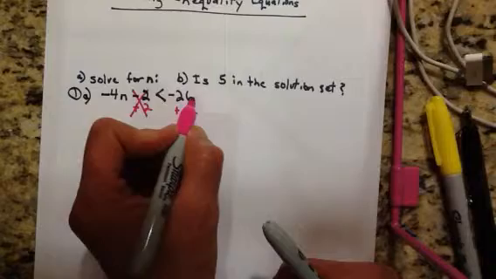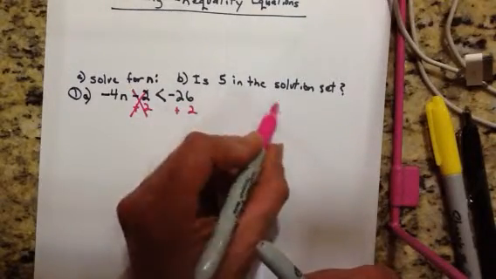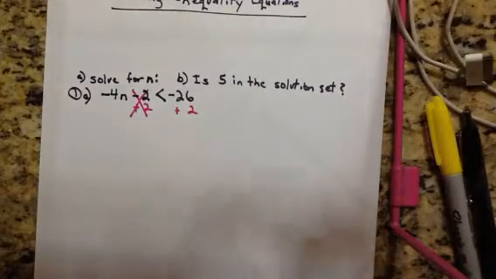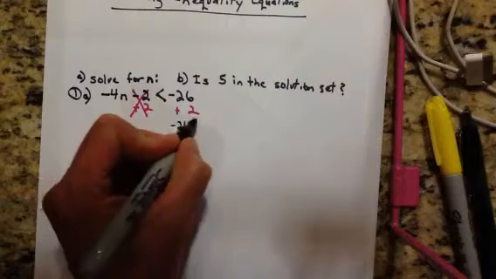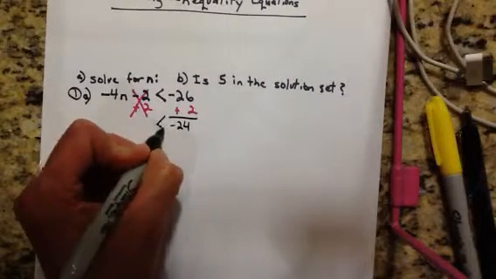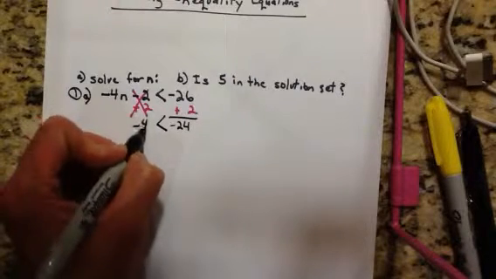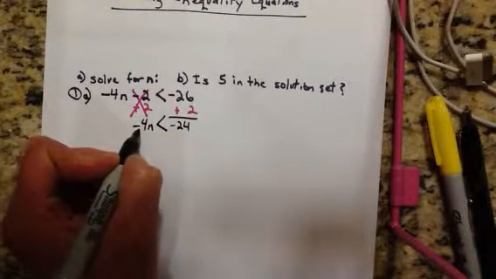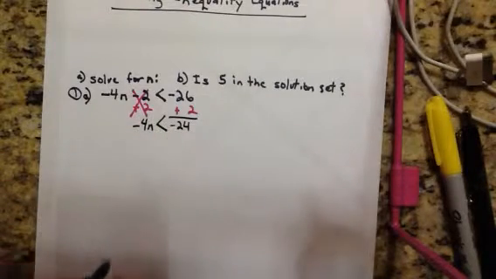So if we move 2 spaces by adding 2 closer to 0, we'll end up with -24. And -24. So actually we read this now, -4n is less than -24.